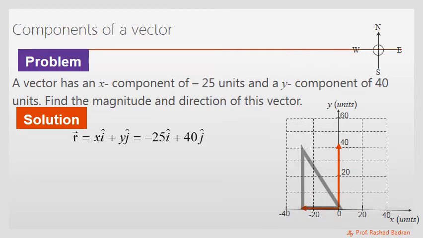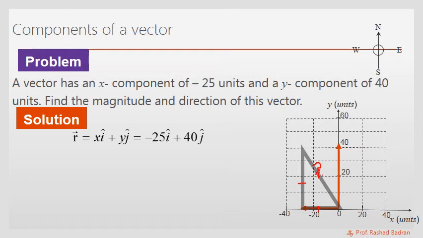The next step is to draw a right-angled triangle in the second quadrant, as long as the two components are there. So this right-angled triangle has two sides, one for the x component and one for the y component, while the hypotenuse represents the magnitude of the vector wanted to be determined here.